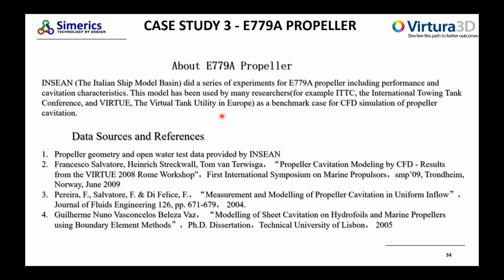I think this model has been used by researchers to benchmark CFD simulations and look at cavitation on this propeller. The source data for this propeller geometry and also the test data were obtained from there, and we had these papers that we used to get some of this data from.